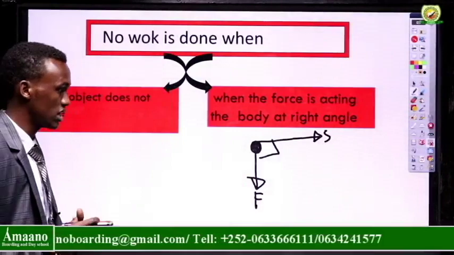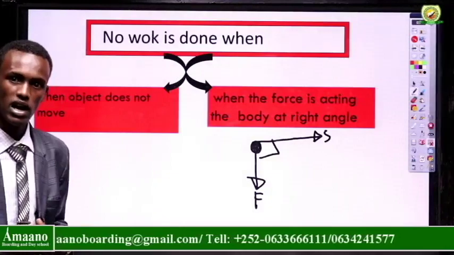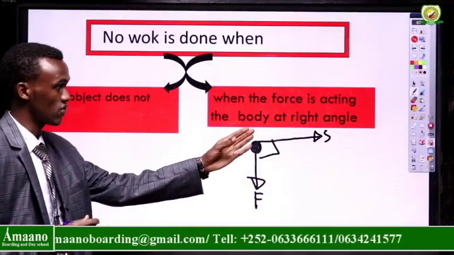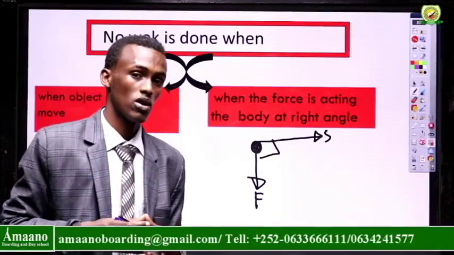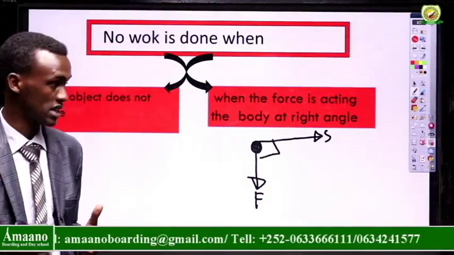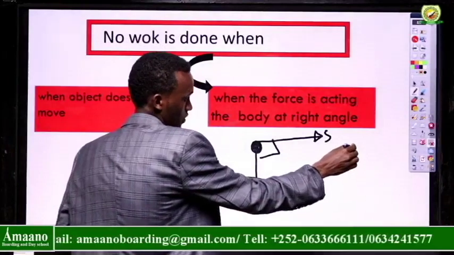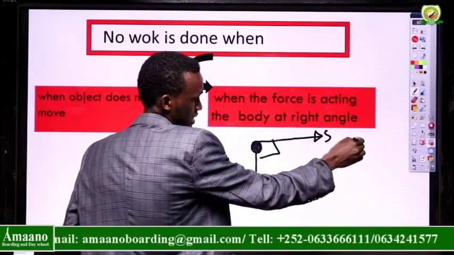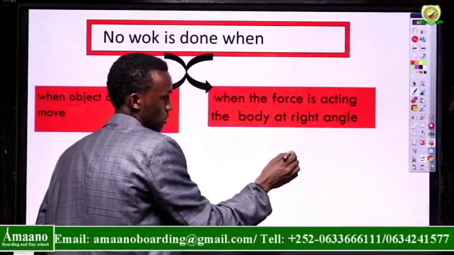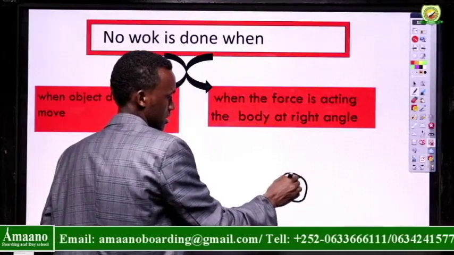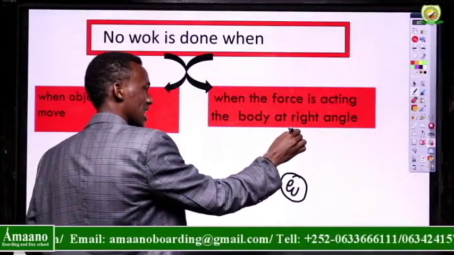When the direction of motion and the direction of the force are perpendicular, no work is done. Therefore, for example, this is the earth, and we take this as a satellite.